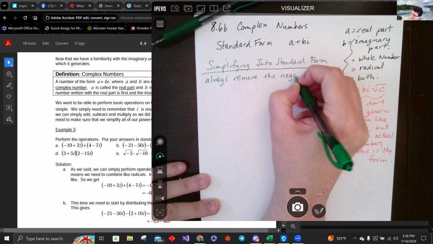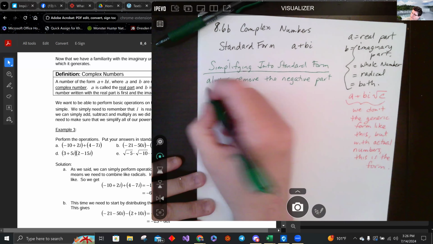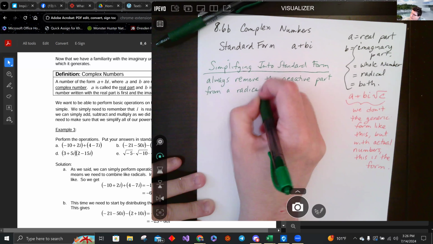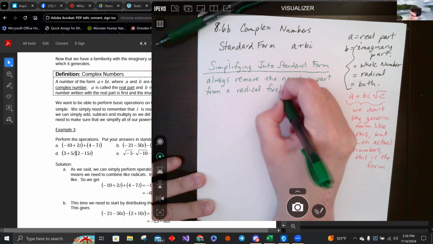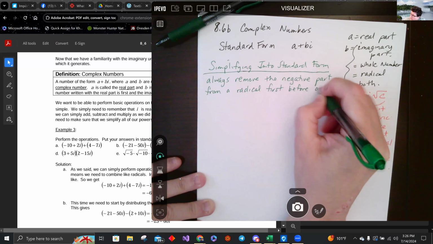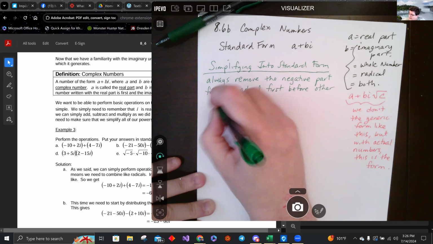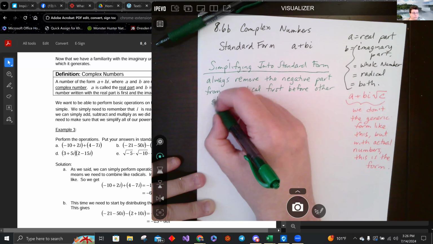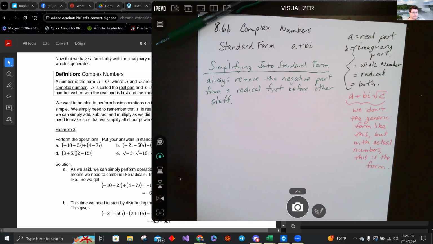I'll say part because that's shorter than component. Before operations or other stuff. And you'll see where this becomes important in one of our examples. We'll start with some basic ones first, though.